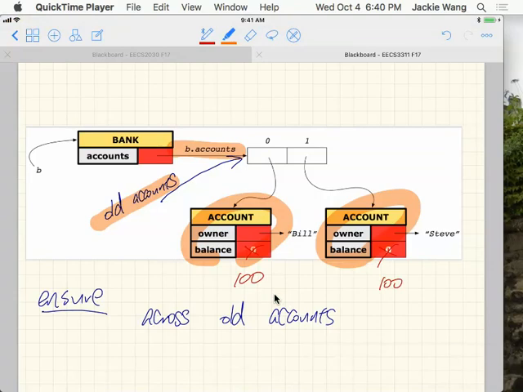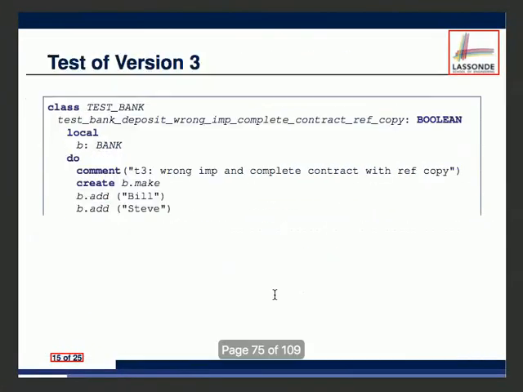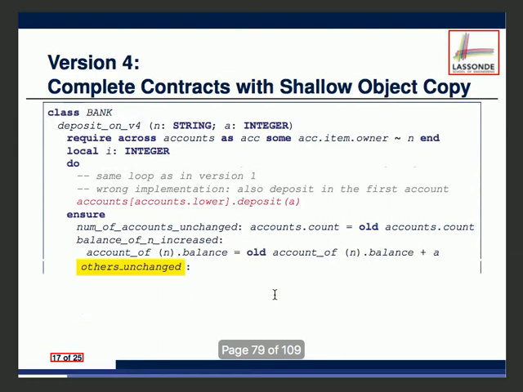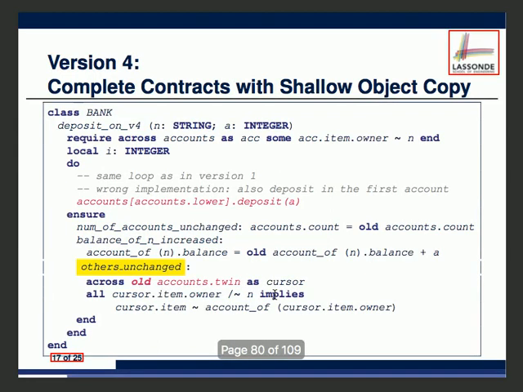Okay, so now let's go to version 3 very quickly. Kind of the story goes on. So for version 3, when we only did a reference copy, it's not going to throw the postcondition violation. That's why we go to version 4. For version 4, we use .twin. Now, we're basically doing something that we did in lab number 1. You might think this will work. No, it's not going to work.